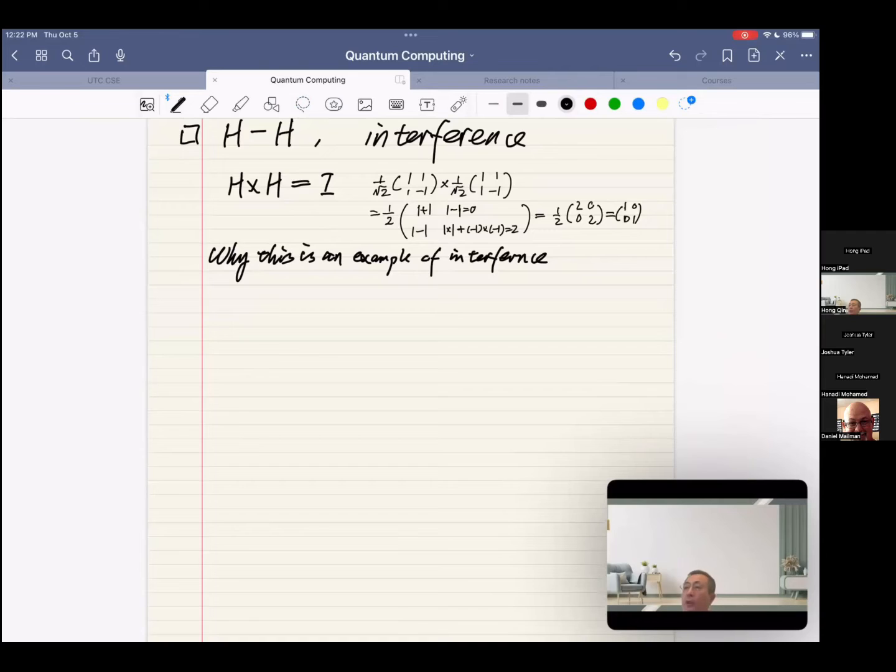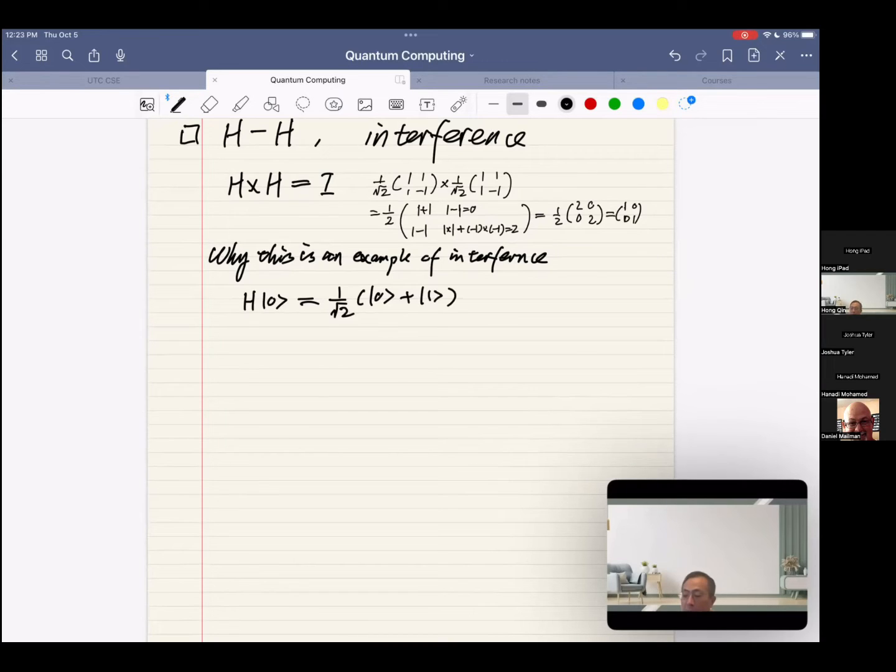So first, if we apply the Hadamard gate on the first H0, we apply it on ket 0, H ket 0, we will have a superposition, which is the ket 1.